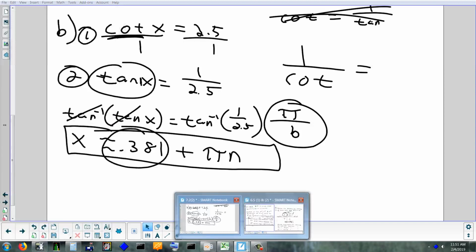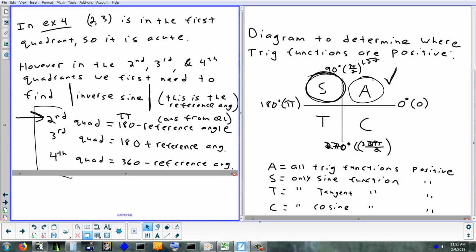Now, if there was a second answer, and you were looking for where tangent is positive, besides quadrant 1, what other quadrant would you be looking for? 3. If you were looking for a positive tangent, you'd be looking for quadrant 3. And what's your formula if you're in quadrant 3? 180 plus reference.